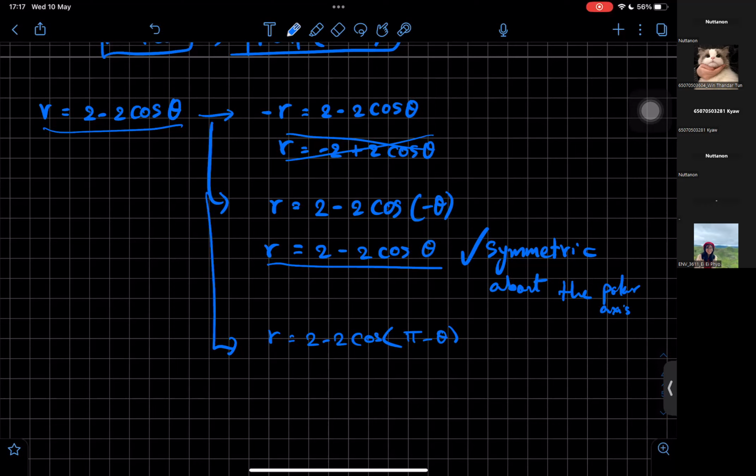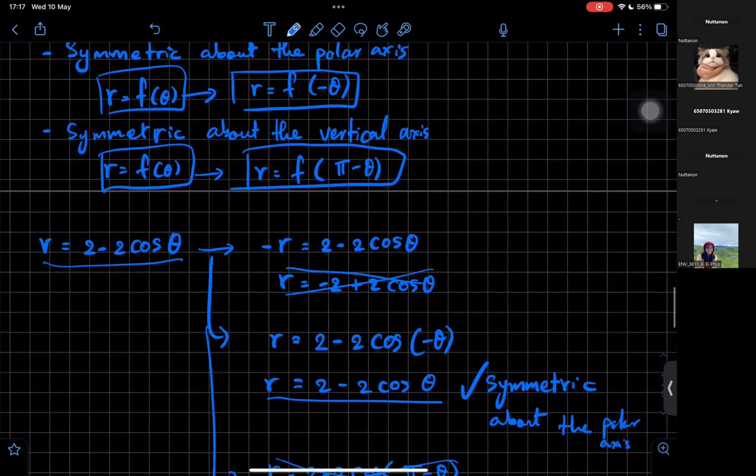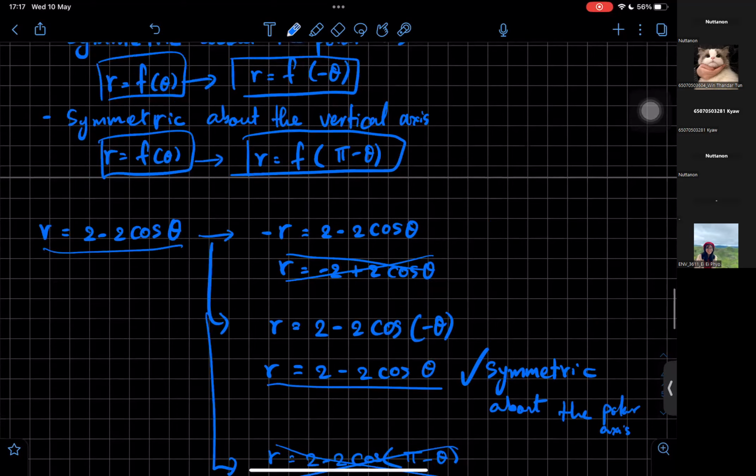So this is also not symmetric to the vertical axis or vertical line. This is how you do the symmetry check.